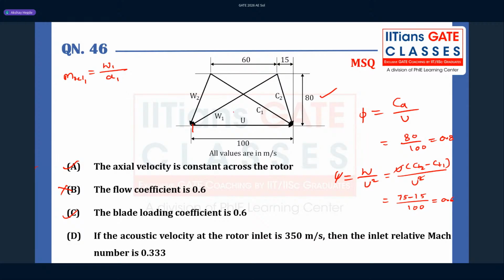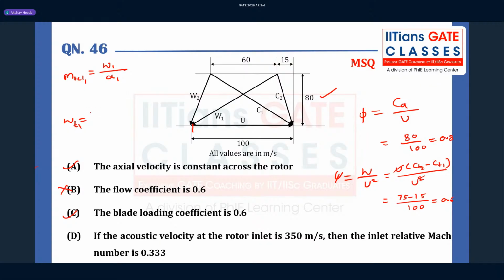I think this is misprinted here. W1. Okay. So W1 is straightforward to calculate. So we know what is U. So first I will calculate what is Wt1.